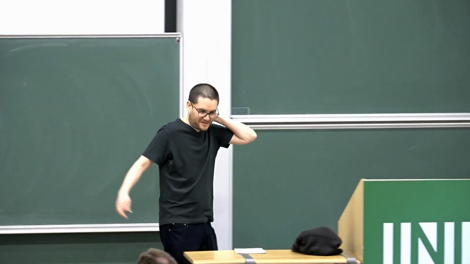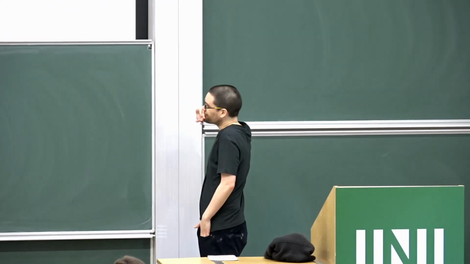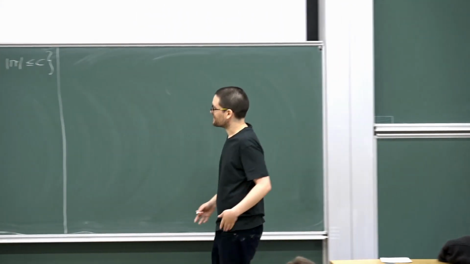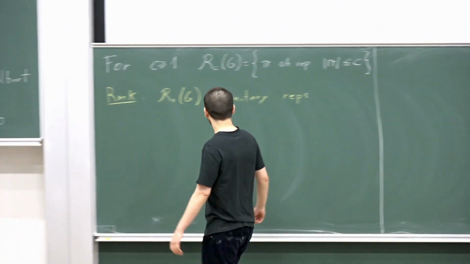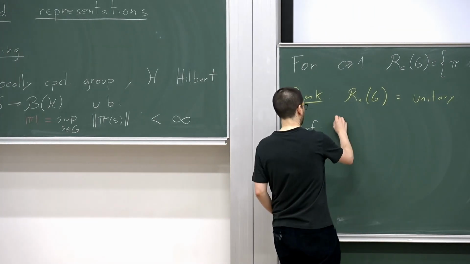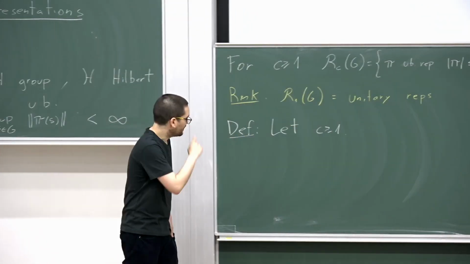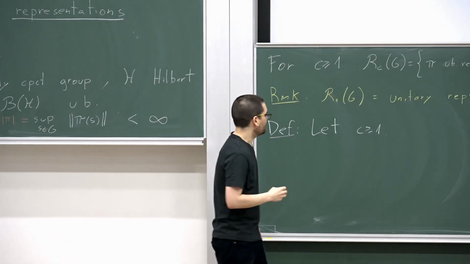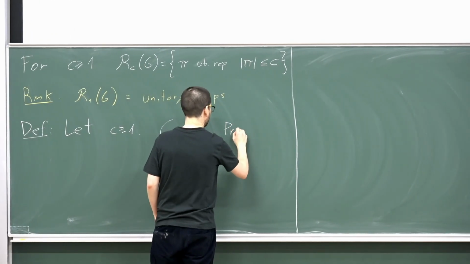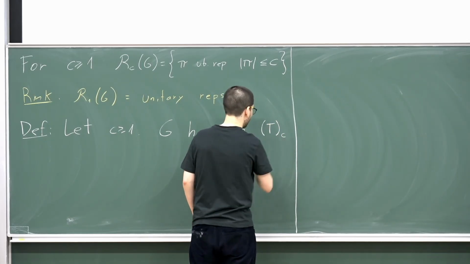With this I'm going to define this stronger version of property T, which, you can guess, the definition is the spectral gap condition. So I fix a number C greater than or equal to 1, and I will say that G has property T_C.